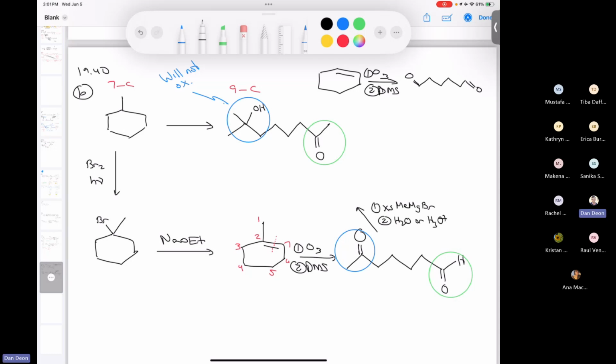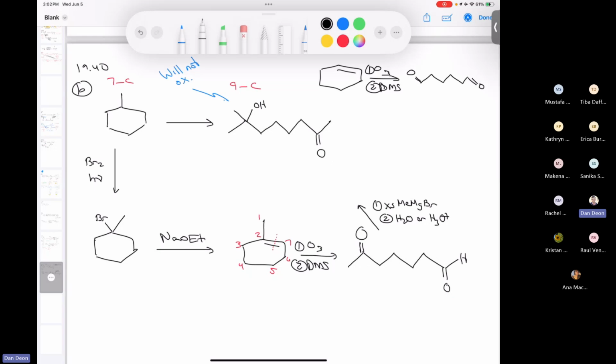Let me write it down carefully. I'm going to erase this ring because it's taking up valuable real estate, okay? There we go. I'm going to end up with this compound. So 1, 2, 3, 4, 5, 6, 7. Let me move it so I have more room. Let's see, 1, 2. Okay, hopefully I kind of squeezed it in there like this.